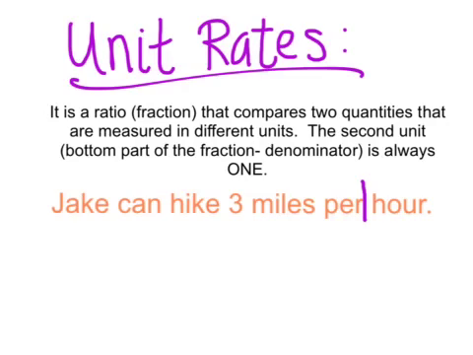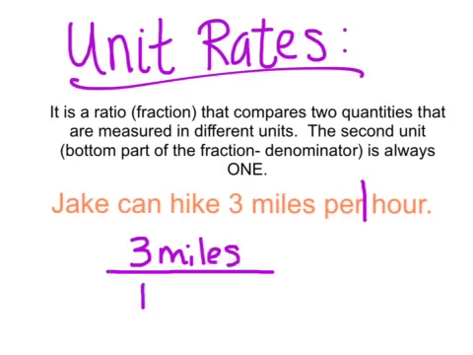So I always want my 1 to be on the bottom. 3 miles would be my first thing I'm comparing, and I'm comparing it with 1 hour. And that's basically what a unit rate looks like. Your final answer needs to have 1 in front of the units when you finish and find your final answer.